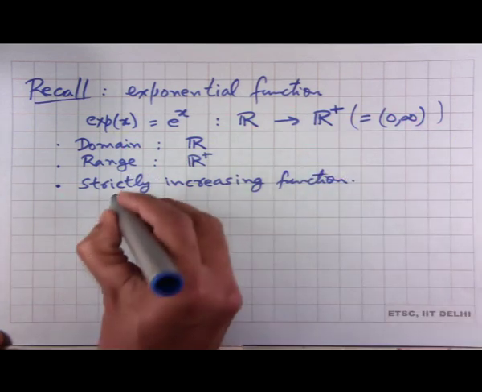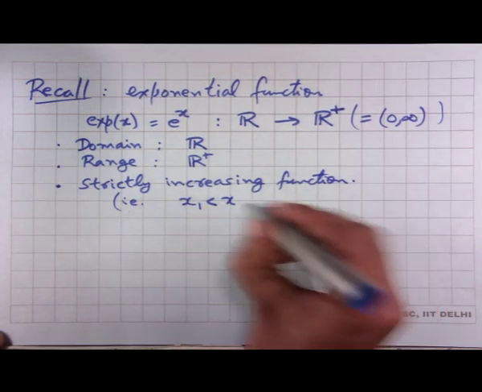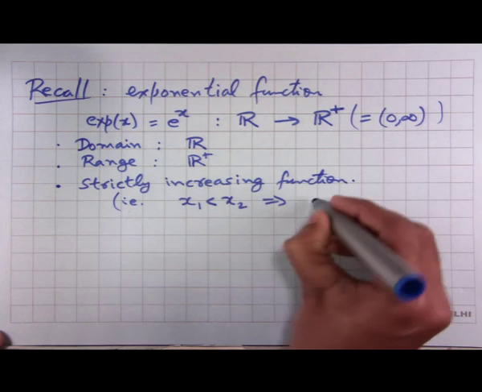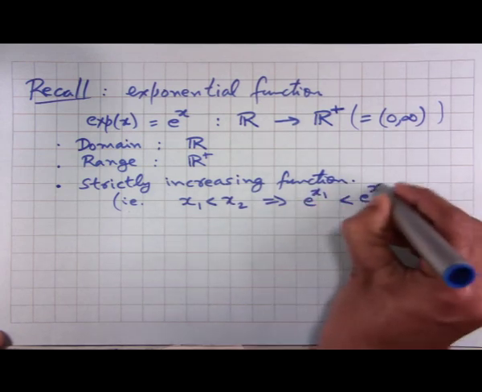That means that if x1 is less than x2, then e to the x1 is less than e to the x2.